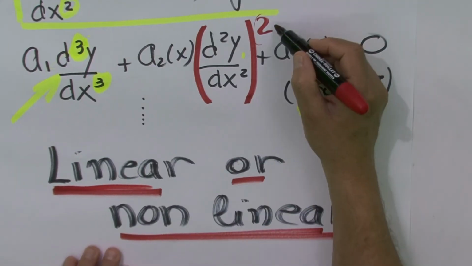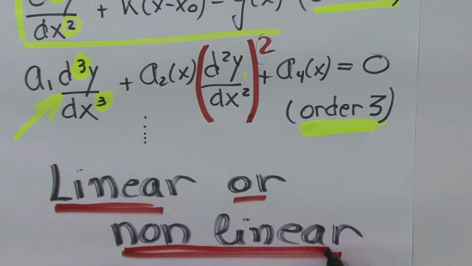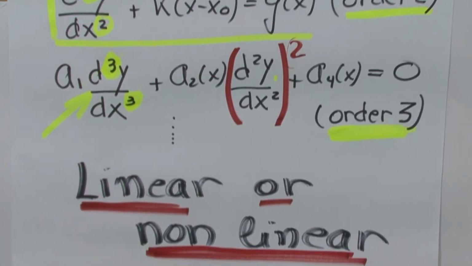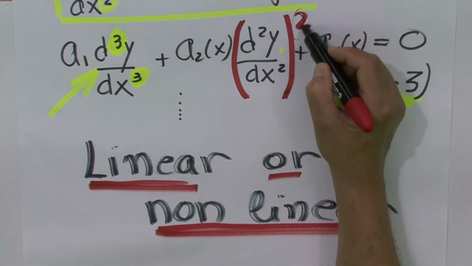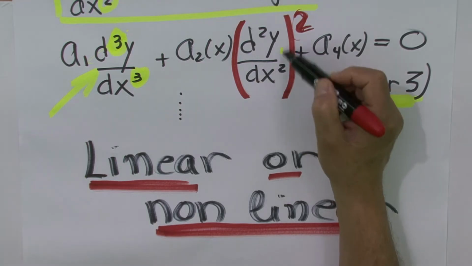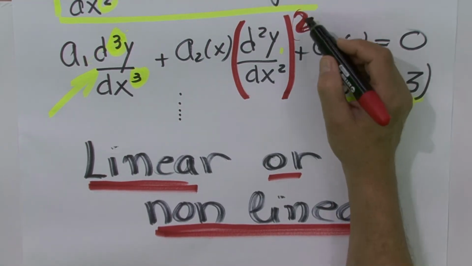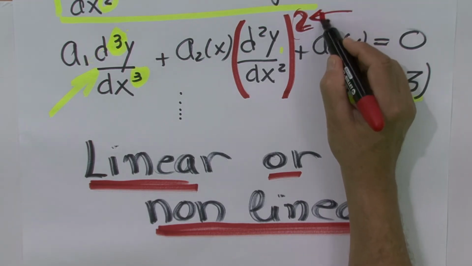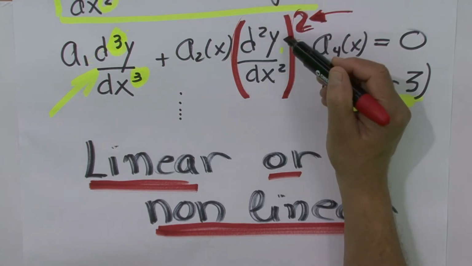Now, when things come squared, cubed, or with a square root, then it's nonlinear. So we say that a differential equation is nonlinear when things like this happen: when, besides the derivative of any order, it comes to a square or to some exponent.